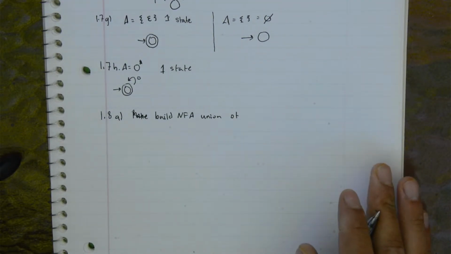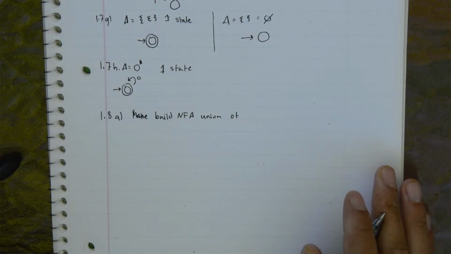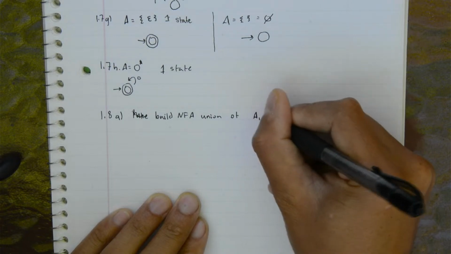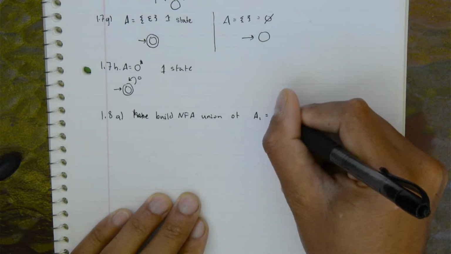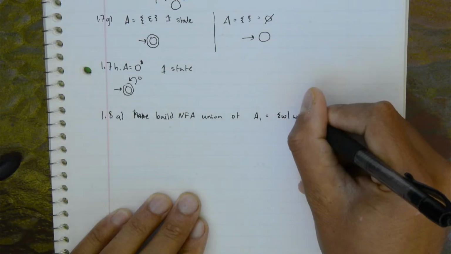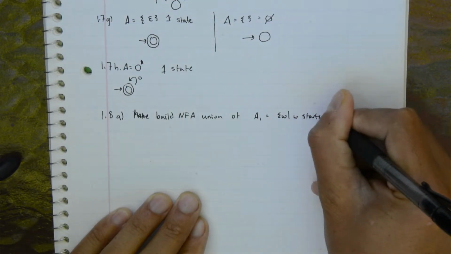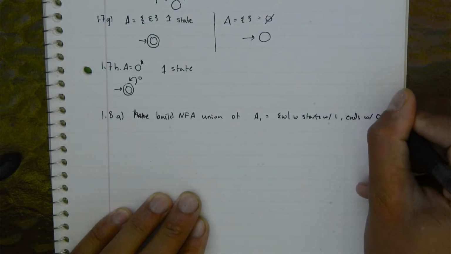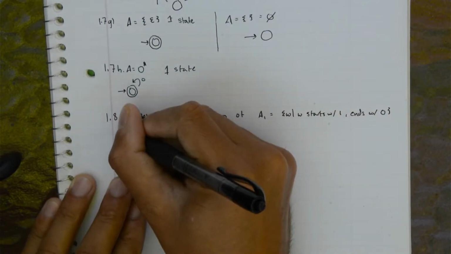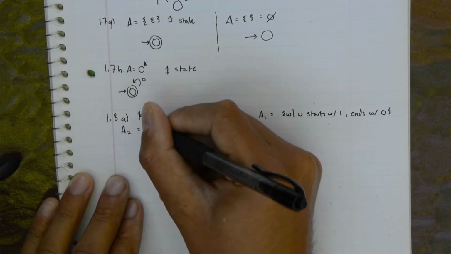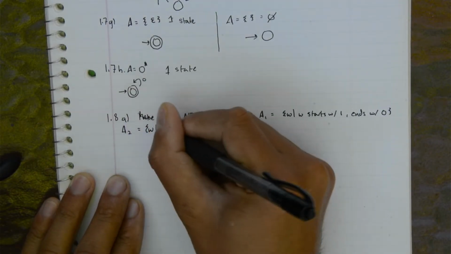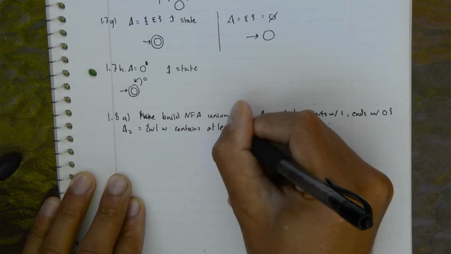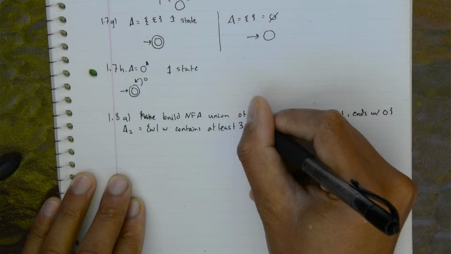So we're going to build the union of A1, which is equal to the language of W where W starts with 1 and ends with 0, and A2 is equal to W where W contains at least 3 1s.